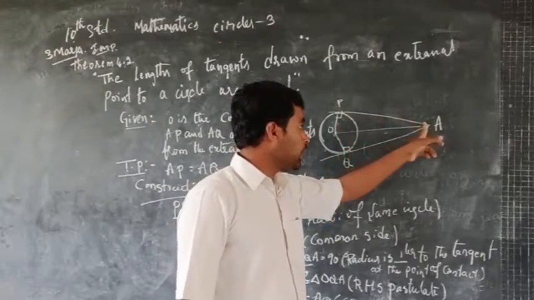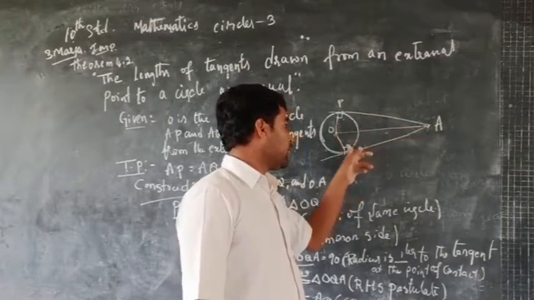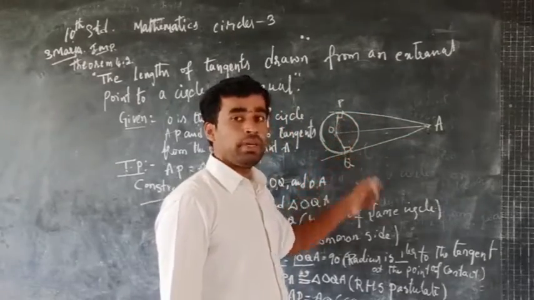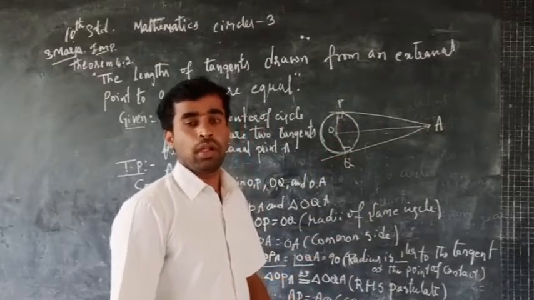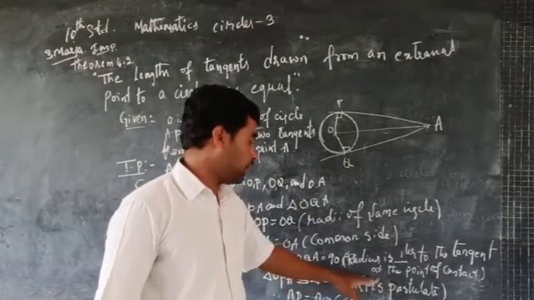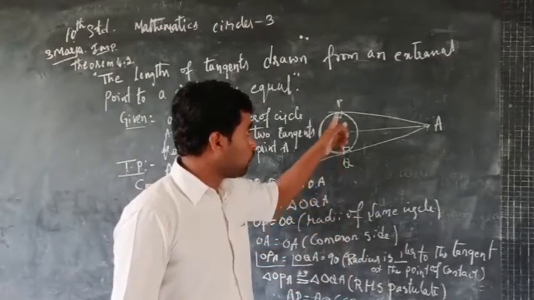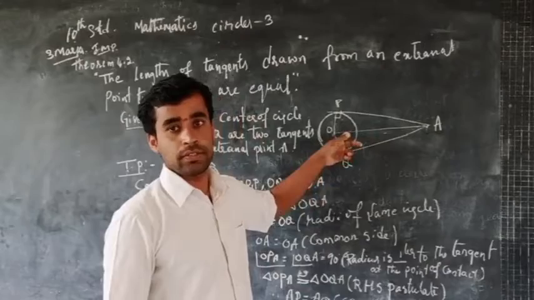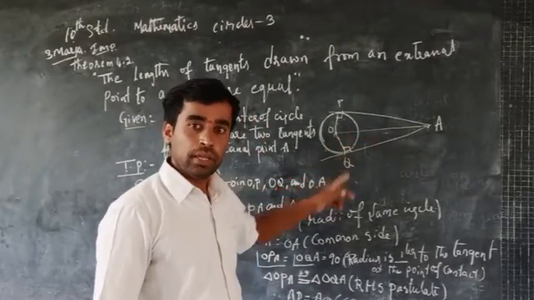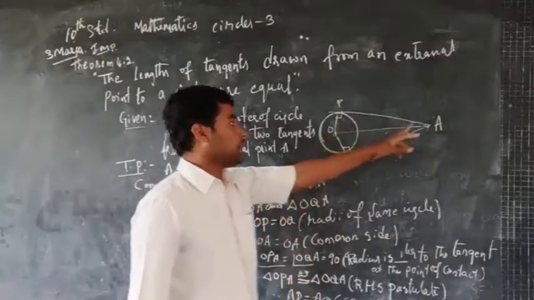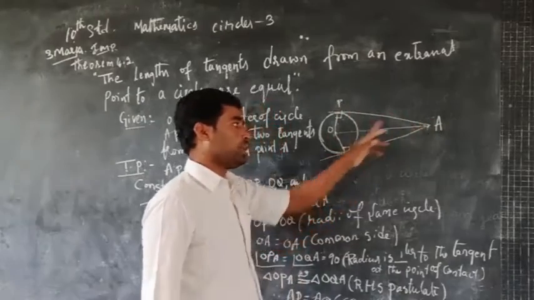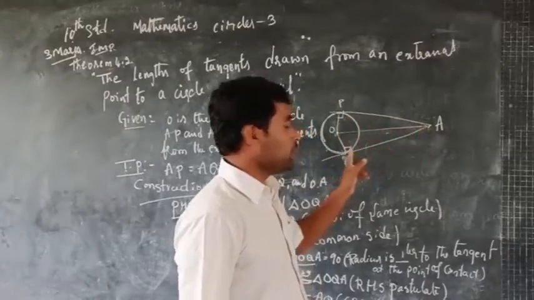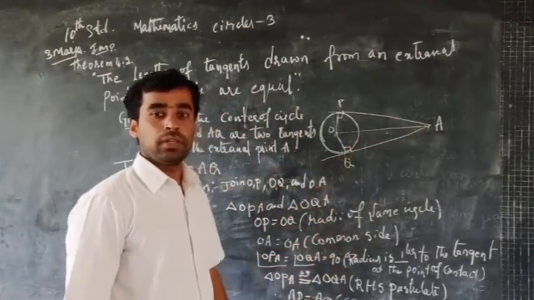Angle OPA is equal to angle OQA, they are equal to 90 degrees, because the radius is perpendicular to the tangent at the point of contact, or by theorem 4.1 you can write. So therefore, triangle OPA is congruent to triangle OQA using the RHS theorem or RHS postulate. Therefore, easily we can conclude that AP is equal to AQ. That is, the lengths of the tangents drawn from the external point to the circle are equal. Is that clear, students? Take down this one.